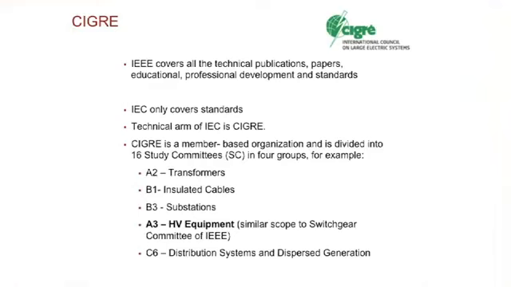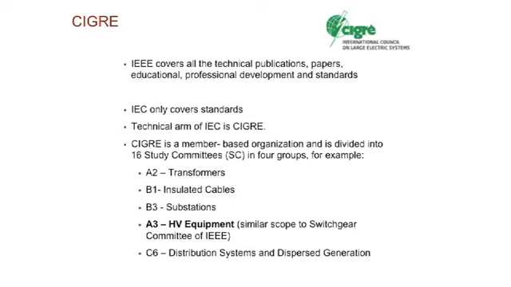Another organization, another acronym, SIGRE, or however you pronounce it. I don't know what it stands for exactly in French, because it started in France in the 40s or maybe 50s, something like this. But in English, it stands for International Council on Large Electrical Systems. SIGRE to IEC is what IEEE technical committees are to IEEE standard writing committees.